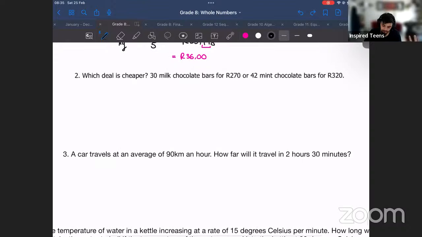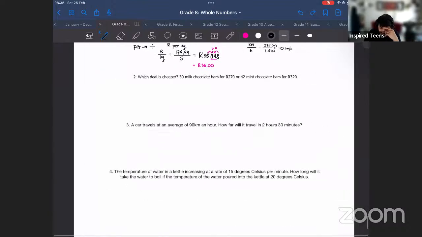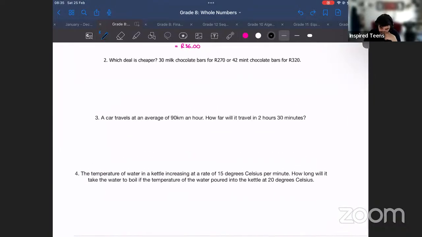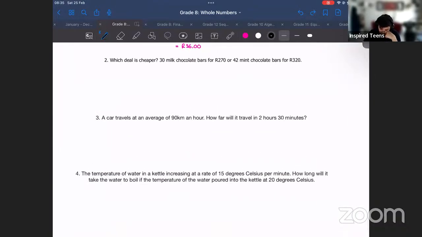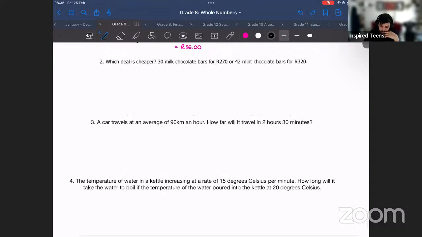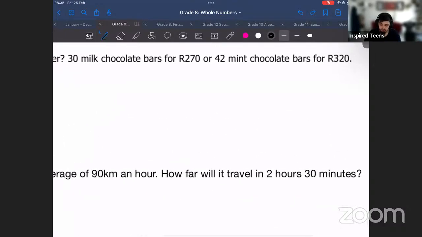Let's look at this example. Which deal is cheaper? 30 milk chocolate bars for 270, or 42 mint chocolate bars for 320.